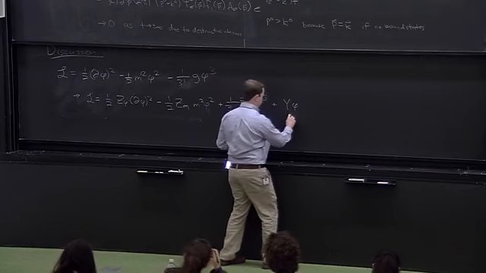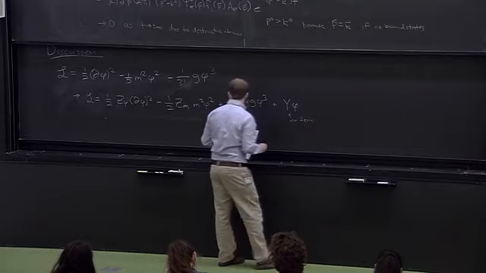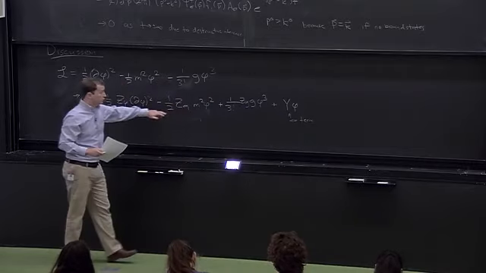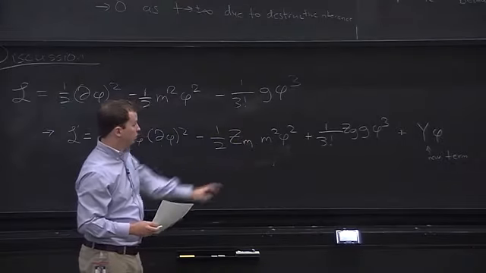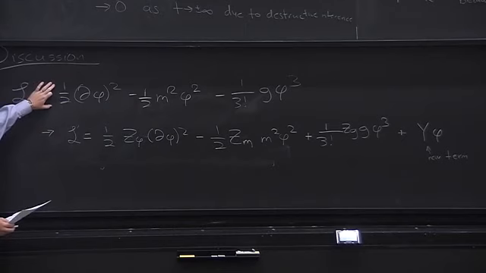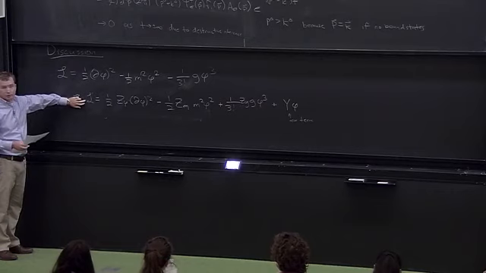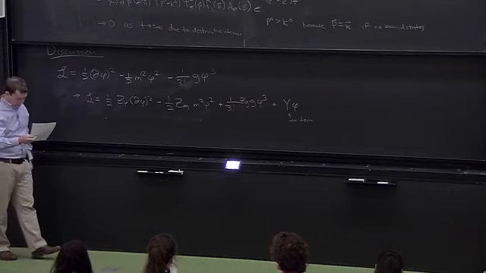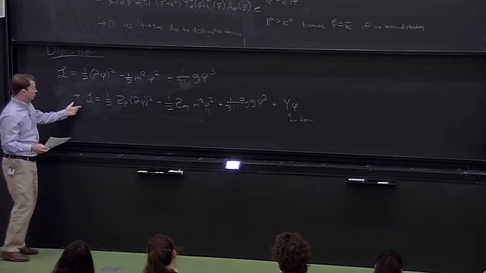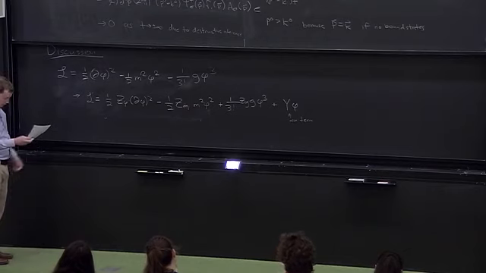So not only will we change the coefficients, we'll in general introduce additional terms. And it's not, in general, consistent to do perturbation theory using the original Lagrangian. We have to use this Lagrangian. So this is telling us that renormalization is required. It's not an option if you're doing perturbation theory.